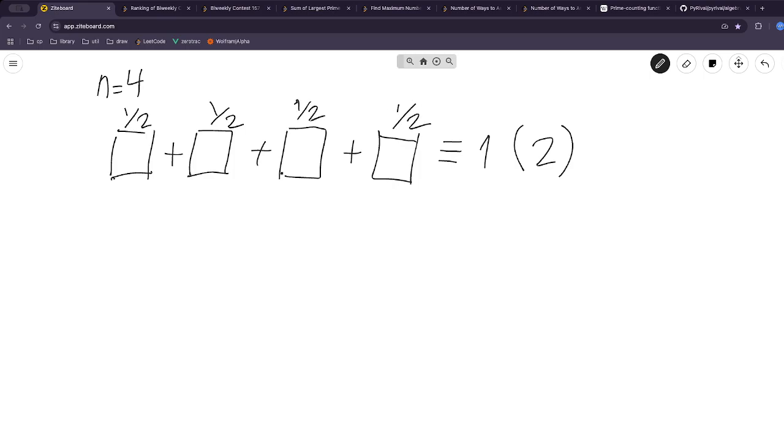1 or 2, right? So one thing that you can notice, so let's say that you put 1 here, 1 here, and 1 here, and now you have this, right? Do you have a choice for the last one?